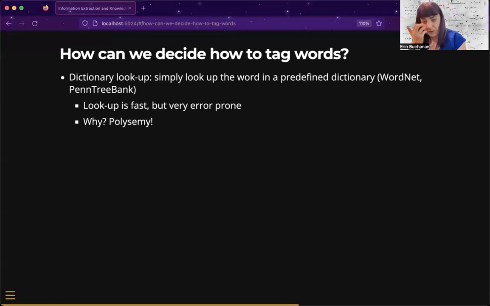If you get nothing else out of this class, there are two things I want you to understand. The first one is that polysemy is what makes NLP one of the most difficult things. Polysemy is that individual words can have multiple meanings. And not even just different shades of meaning. Like the word bank is a very popular example because it could mean riverbank, it could be money bank.